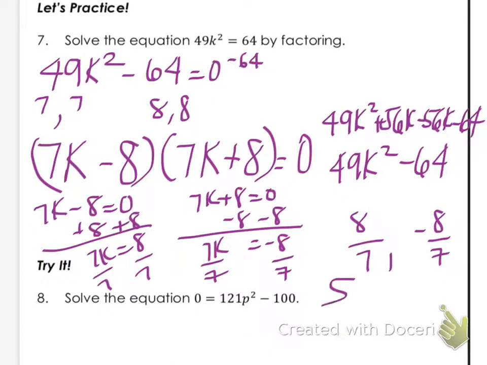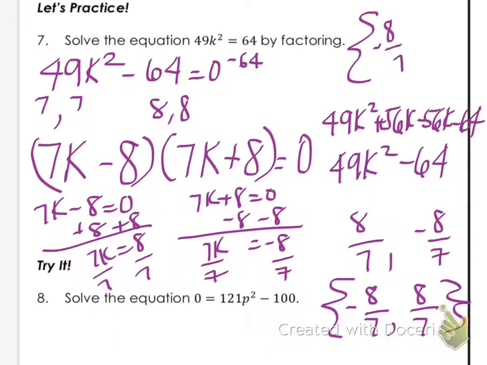For our solutions, we must write them in increasing order, so it's going to be negative 8/7 first and 8/7 second. So number 7, the answer for k: k is equal to negative 8/7, and k is equal to 8/7.